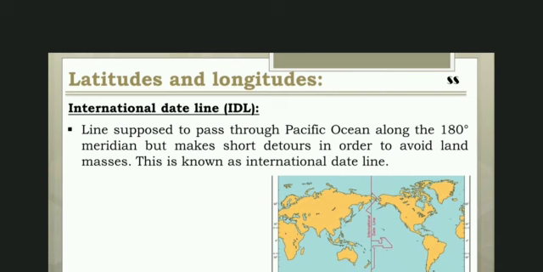International date line, children. The problem of time in countries of the whole world was solved first by the standard time and then by the zonal time. This line is supposed to pass through the Pacific Ocean along the 180 meridian, but makes short detours in order to avoid land masses.